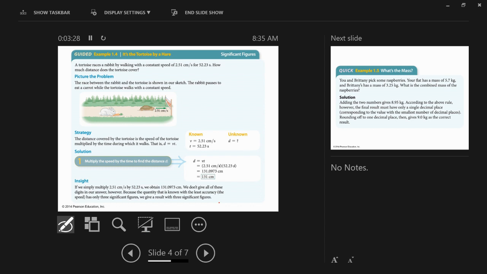Do we care anything at all about the rabbit? No, we don't. So we're just going to ignore him. So what equation should we use? We have speed and we have time, and we're looking for distance. So what equation relates speed and time and distance?